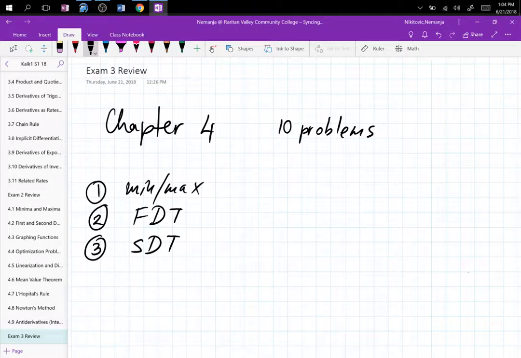Oh, by the way, for the problem of second derivative test, I don't know why, but a lot of students actually go and solve everything for the first derivative. Why? It's a second derivative test. I don't care what the critical points are and stuff like that. Just go first derivative, take the second derivative, and then do the problem. There is no need to look for critical points and increase, decrease.